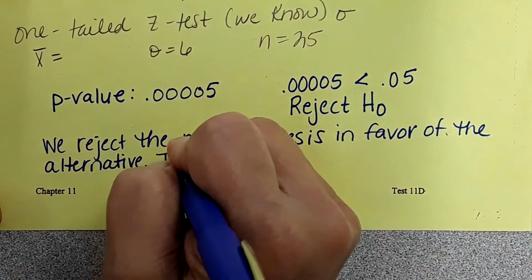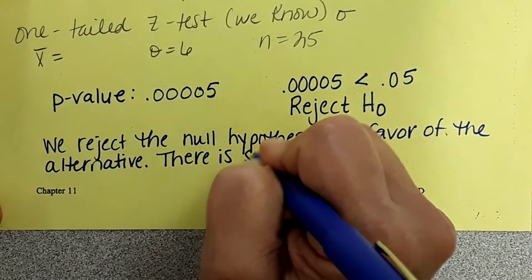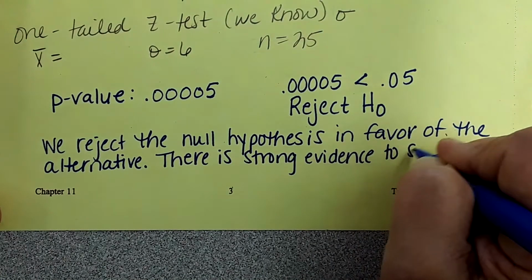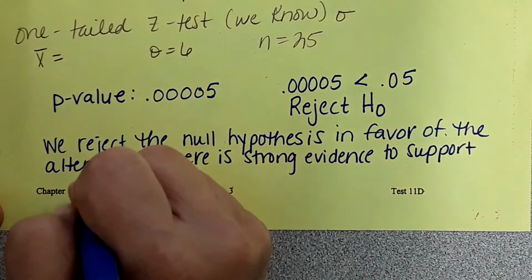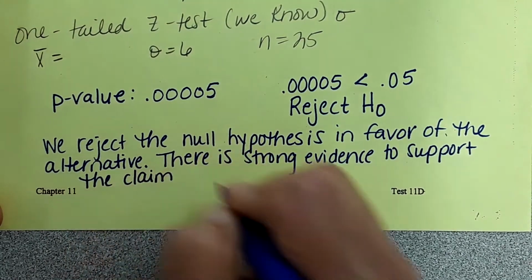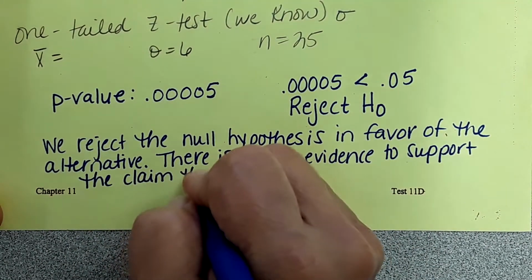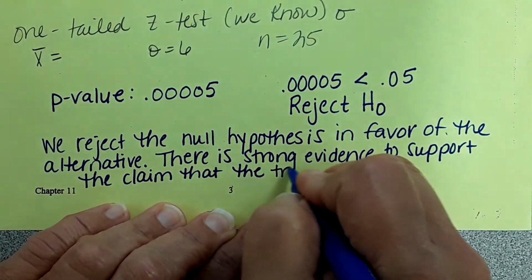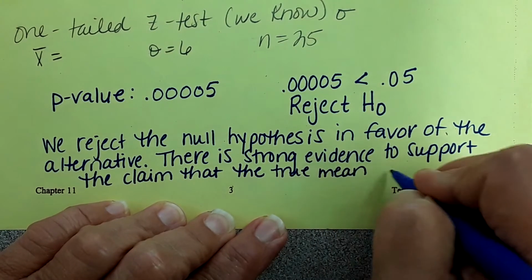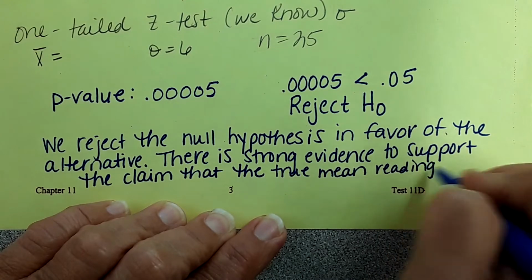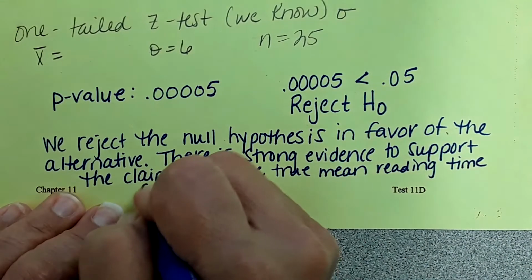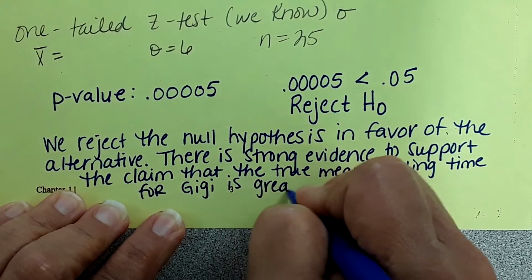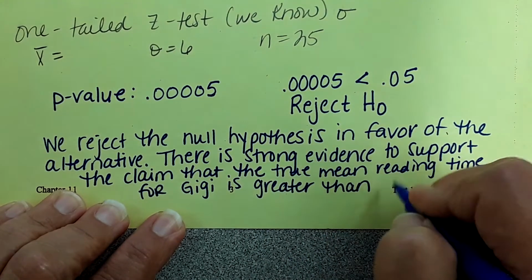There is strong evidence to support the claim that the true mean reading time for GG is greater than 22 seconds.